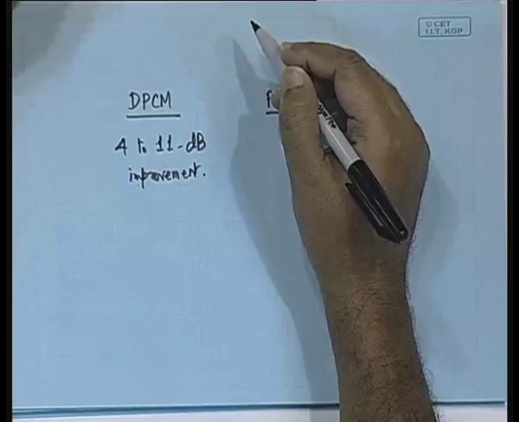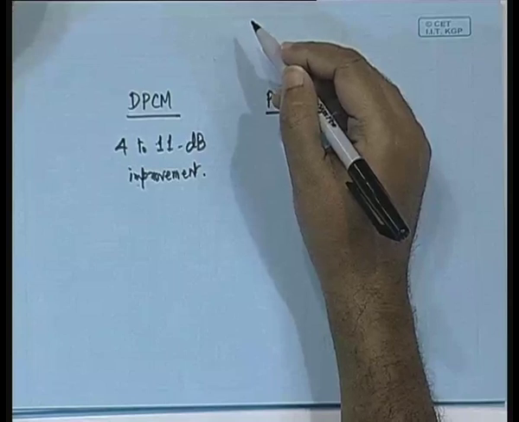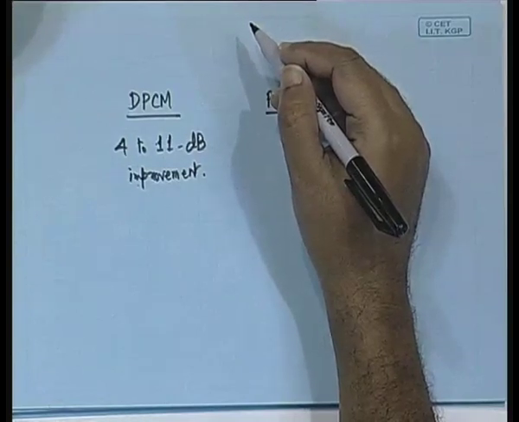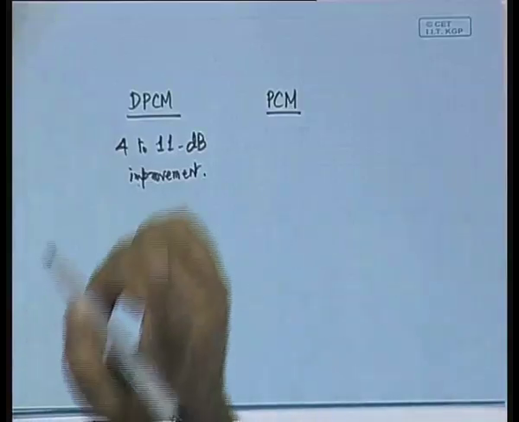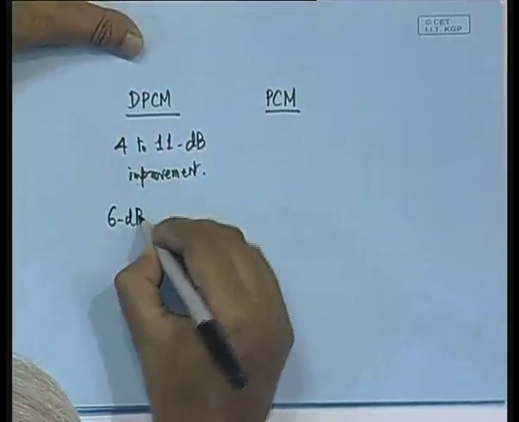So with the same number of bits, mind you. And then if you are allocating more bits to the DPCM, then with every bit increase in the DPCM, that will follow the same rule which we had followed for the case of PCM. In PCM also we had seen that for uniform quantization, for every bit allocation the signal to noise ratio increases by 6 dB, and even here also for a uniform quantization DPCM we are going to have 6 dB SNR improvement.